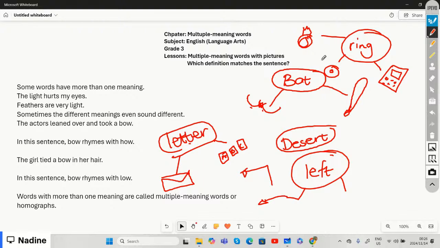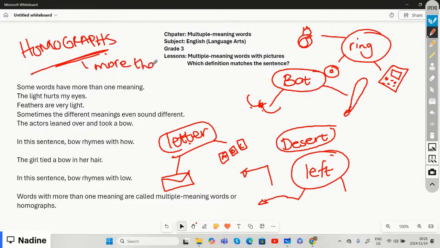Another word for words with more than one meaning, we call homographs.